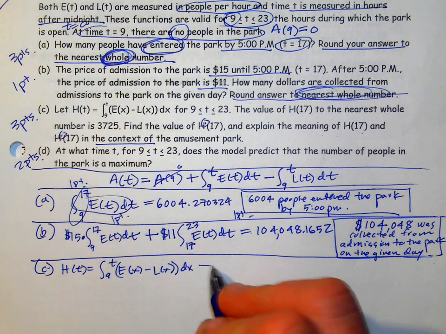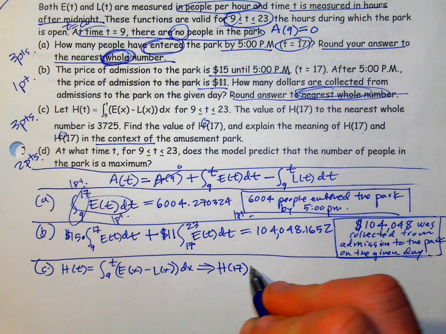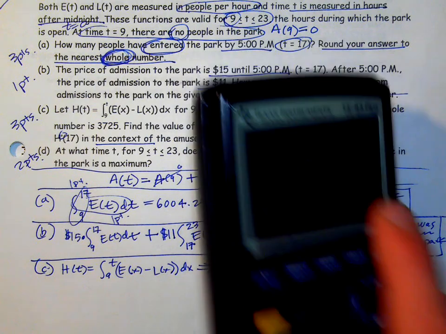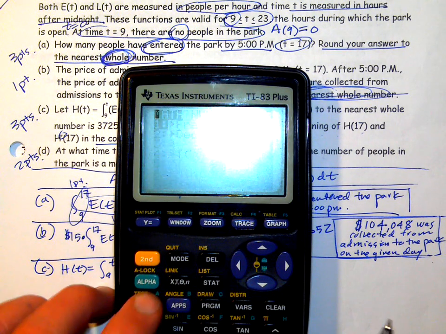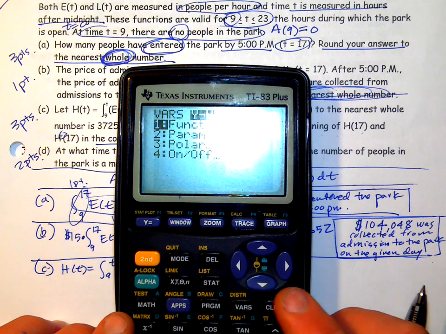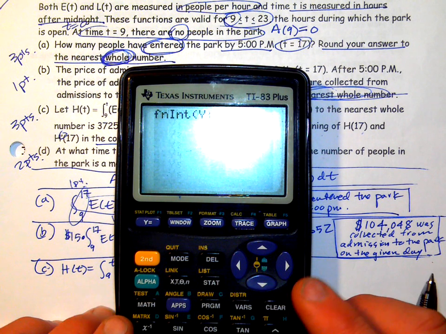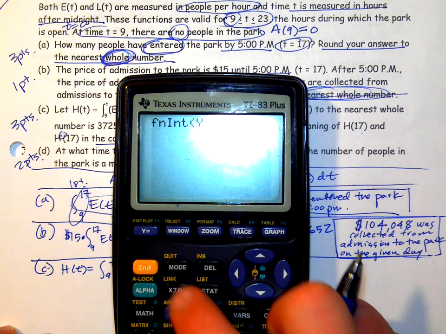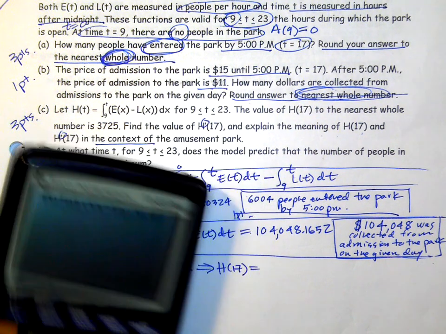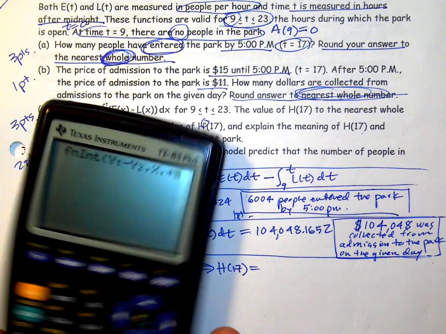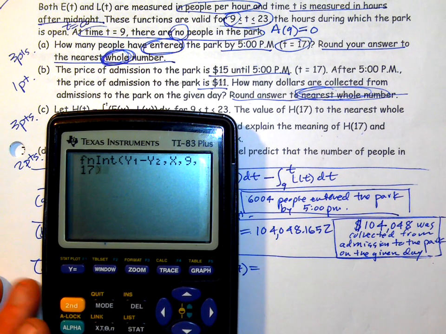So from this, h(17), we can just calculate on our calculator. So we could do math 9, vars, y vars function, y1, minus vars, y vars function, y2, right? That's e(t) minus l(t), comma x, comma 9, comma 17.